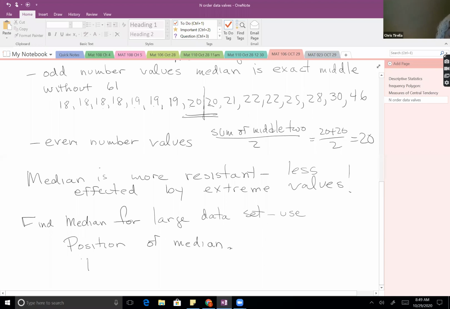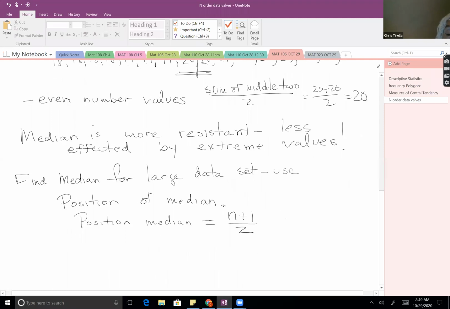And the position of the median is given by n plus 1 over 2, where again, n is the sample size, or how many values we have.